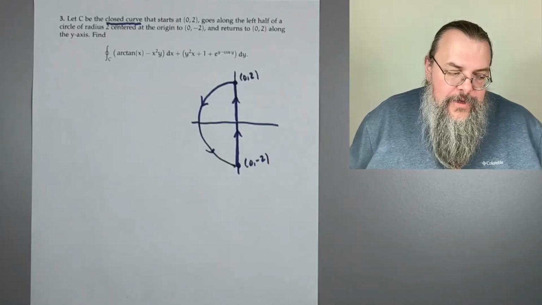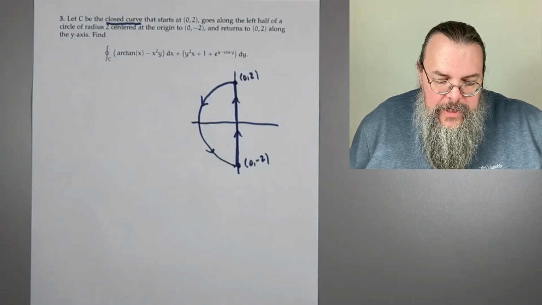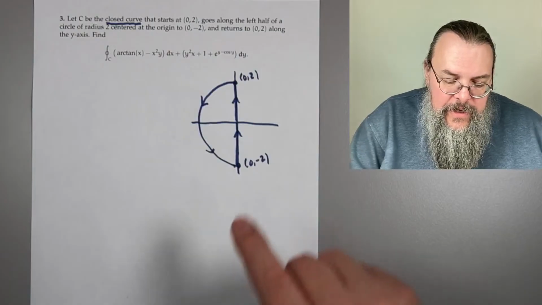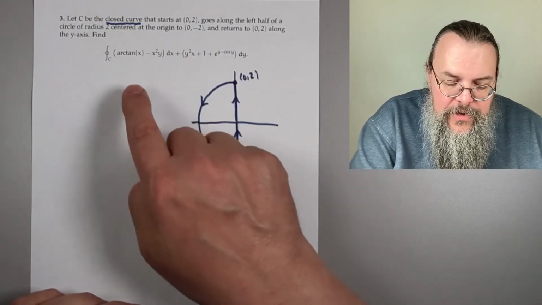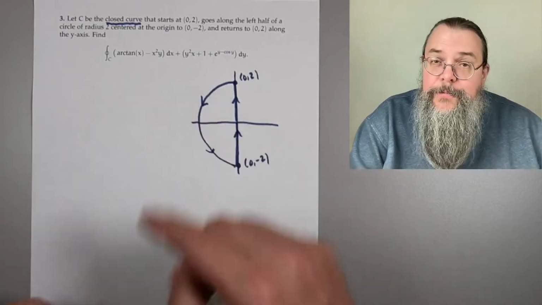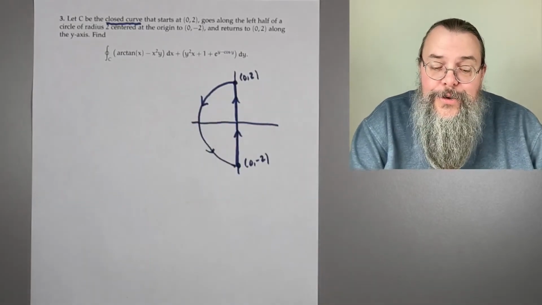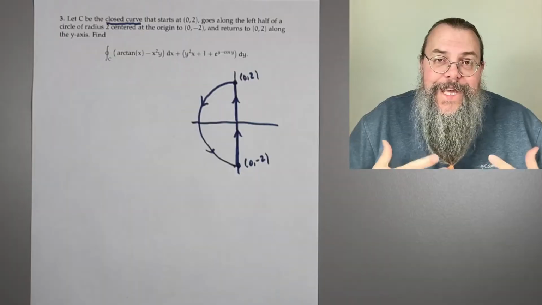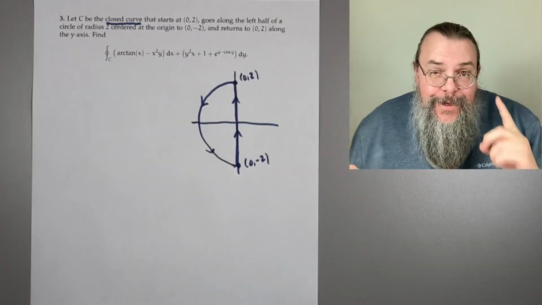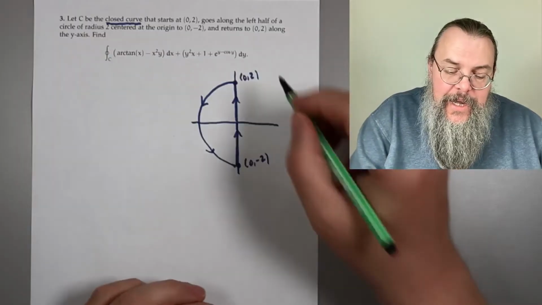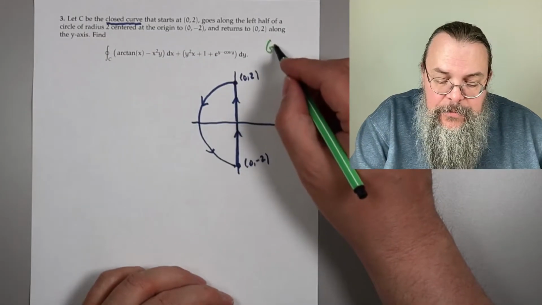Now, what do we see? Well, we have an integral around this nice closed curve, and we have this part. What's our tool? What do we have available to us? Well, there's something we have available to us, and it's called Green's theorem.